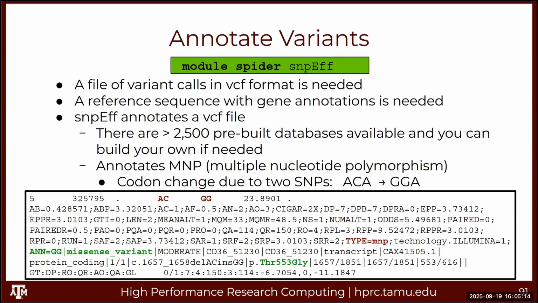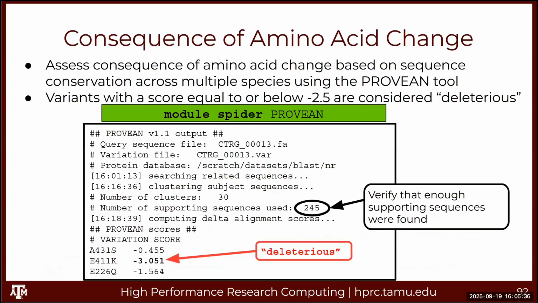So SnpEff will let you know if it's a synonymous mutation, which means the amino acid did not change, or if it's a non-synonymous, which means the amino acid did change. So if the amino acid sequence did change, we want to know, maybe is this in a critical region of this gene? There's another tool called PROVEAN.